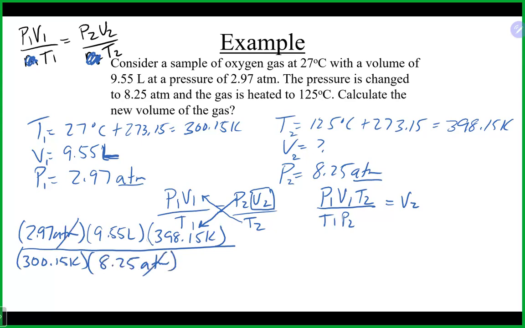Again, atmospheres will cancel, Kelvin will cancel, and that leaves us liters. So 2.97 times 9.55 times 398.15 divided by 300.15 and divided by 8.25 is going to get us 4.56 liters, looks like. I punched in all those numbers correctly, hopefully.